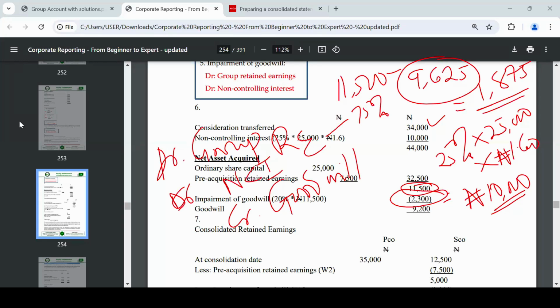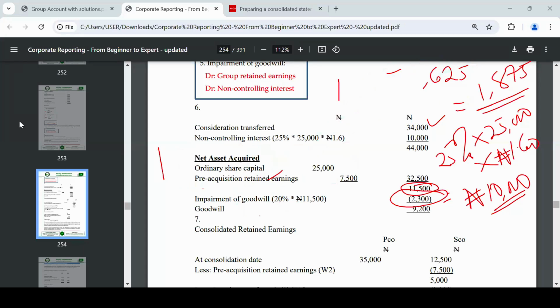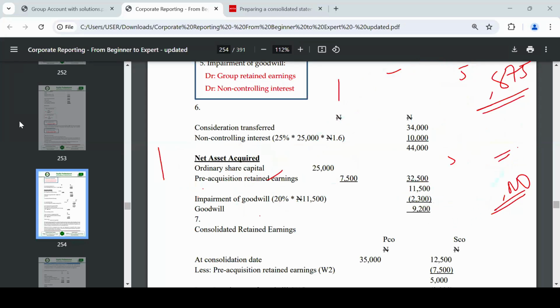So we're going to debit NCI. NCI, don't forget, is a component of the equity. So when I debit NCI, what I'm doing is I am reducing the amount of the NCI, okay? And that is exactly what you're going to see in this case. Let's go to the calculation of the group retained earnings.